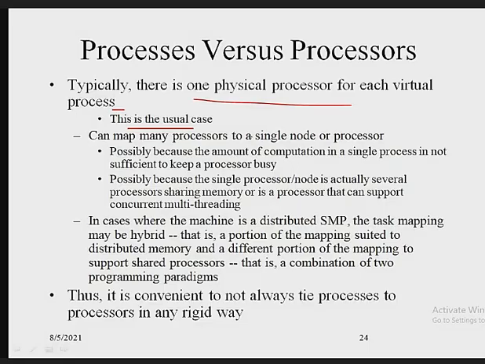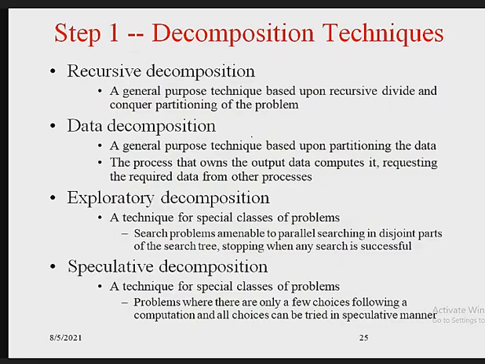Okay, so in the first step you develop the decomposition and mapping strategy for the message passing paradigm, and in the second step you develop the decomposition and mapping strategy for your shared address memory paradigm. Okay, hope you are getting this difference between your process and the processor.